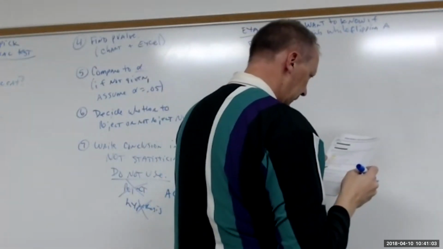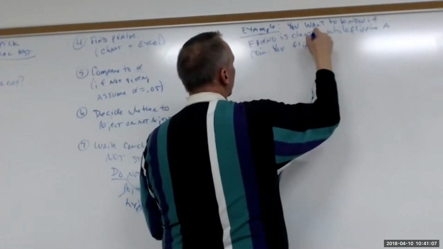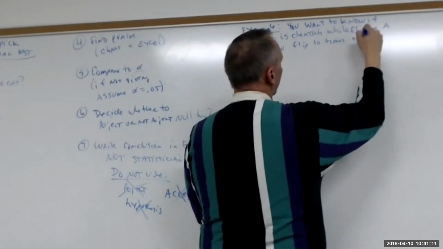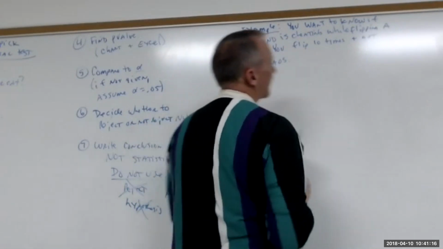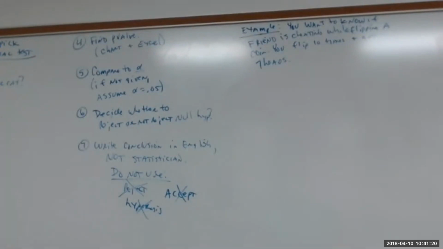You flip 10 times and get 7 heads. I think we kind of talked about this, but now we're going to run through the 7 steps to do a hypothesis test.